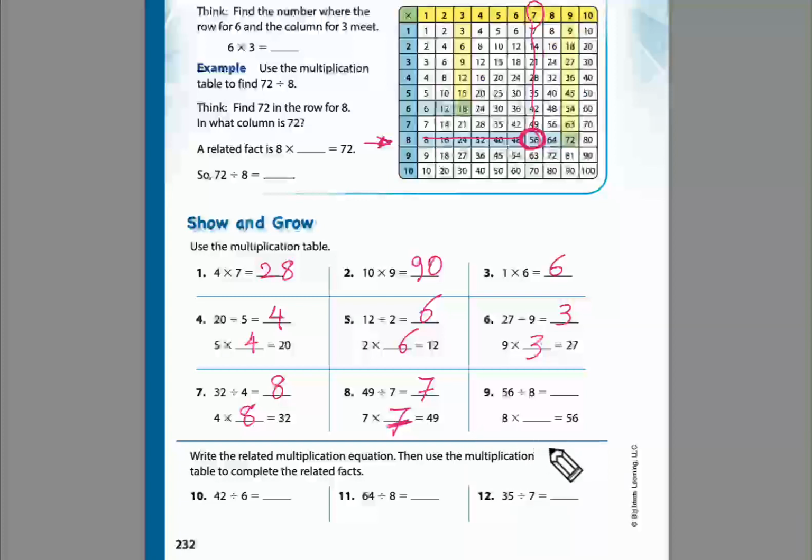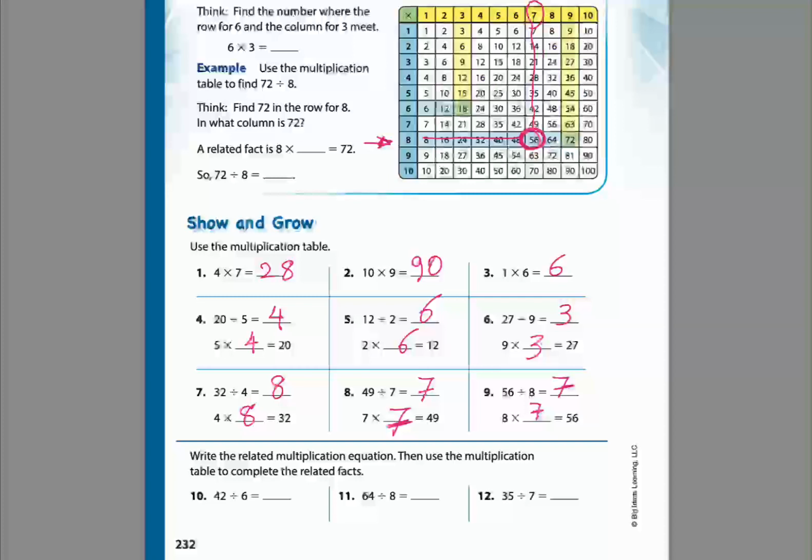I like your answer. The answer is 7. So 8 multiplied by 7 equals 56. So 56 divided by 8 equals 7. Muhammad, I like how you explain. Thank you, my hero.